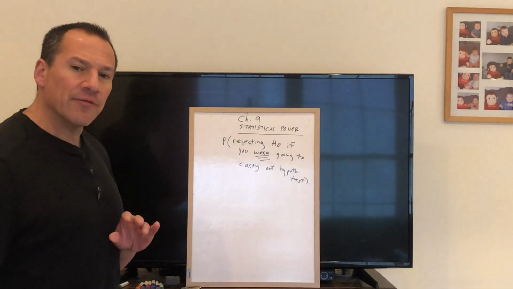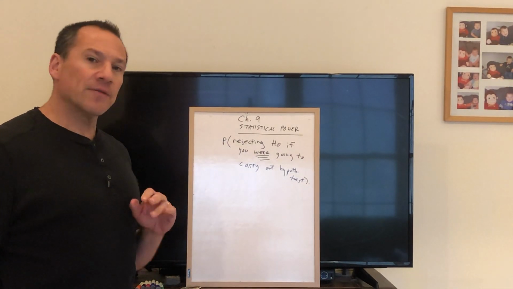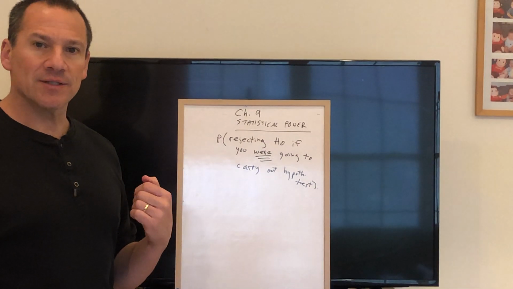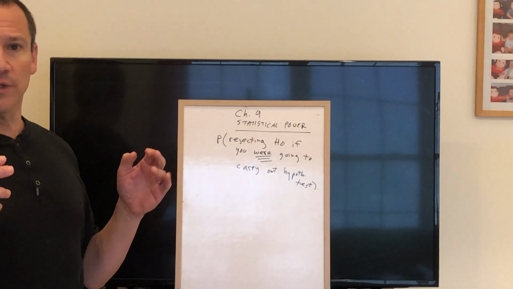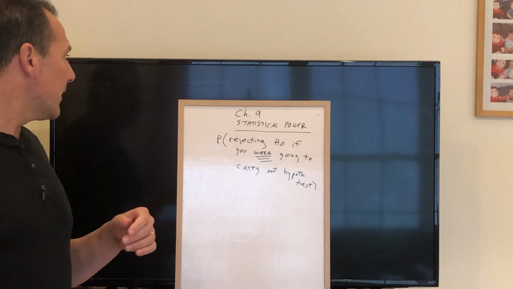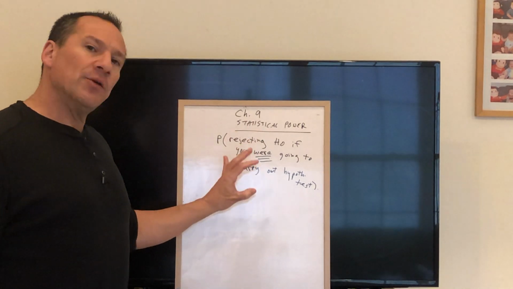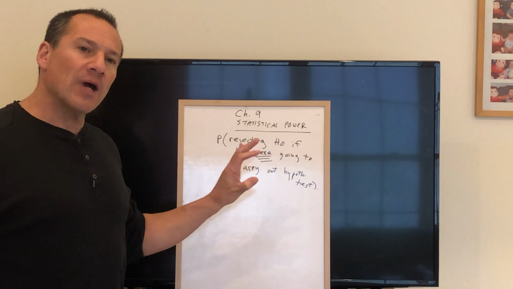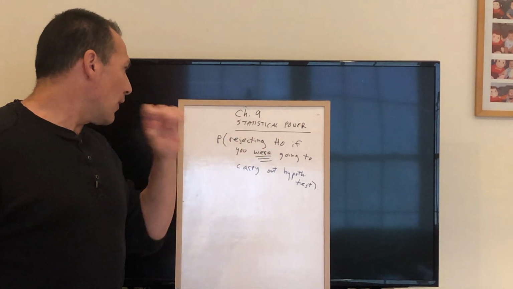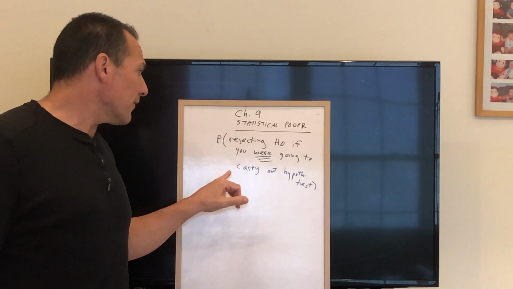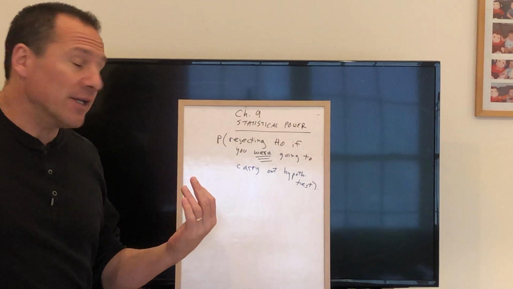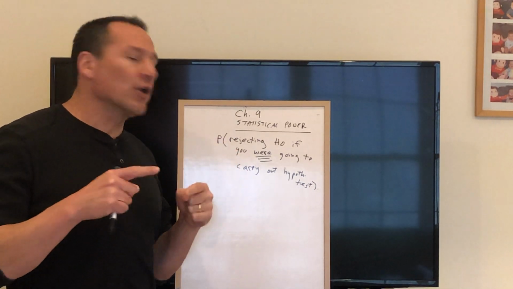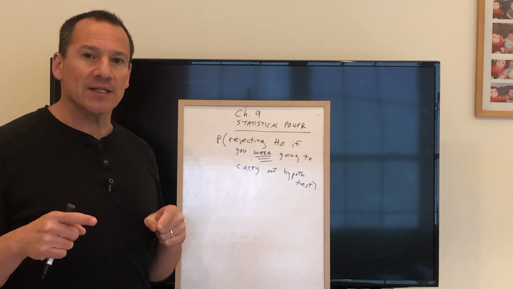So this is a different kind of question. Instead of carrying out the hypothesis test and trying to figure out if some prediction is supported or not, in computing statistical power, we're trying to get a sense of the probability of rejecting the null hypothesis or finding statistical significance if you were going to carry out the hypothesis test.